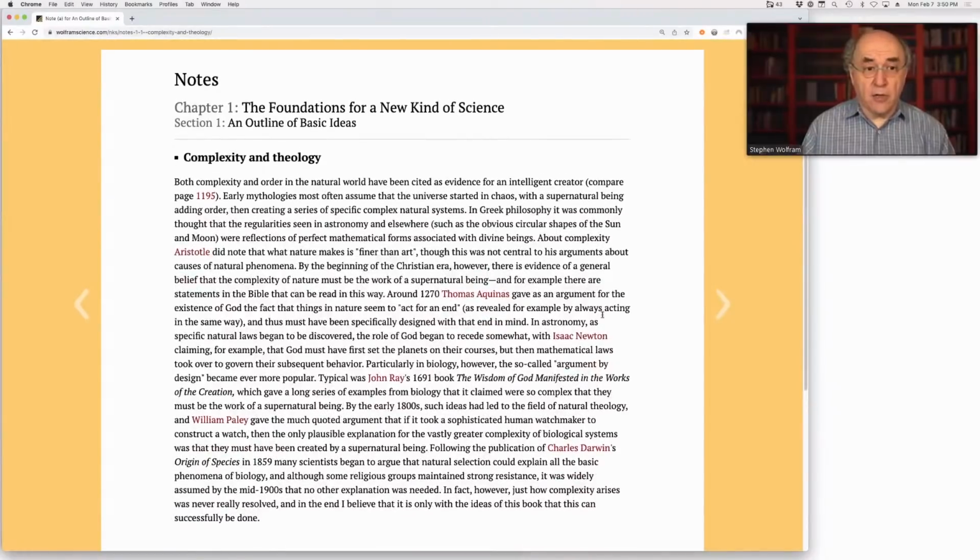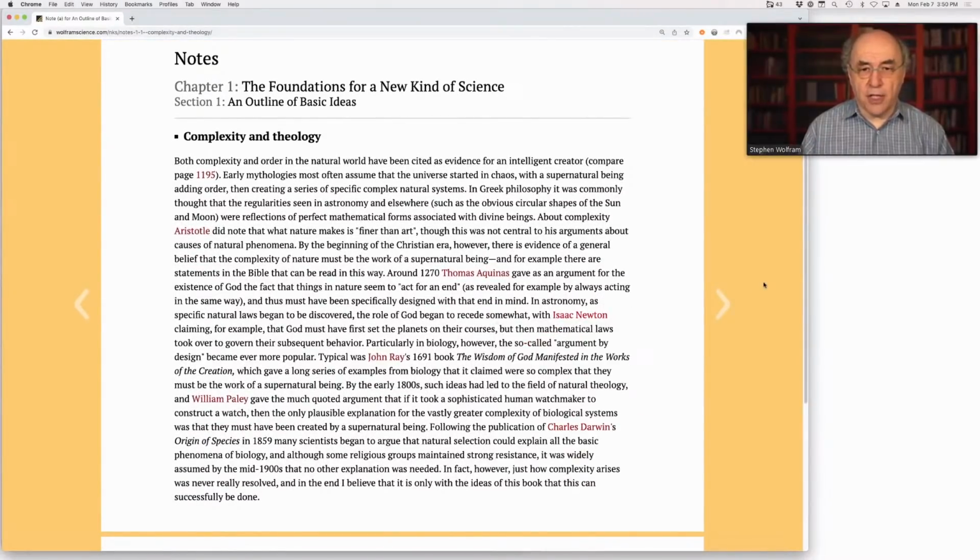Okay, I had another note here about complexity and theology. It's sort of interesting that a lot of the basic thinking about foundational questions in science was thinking that was going on in the theologians in the Middle Ages and at other times.